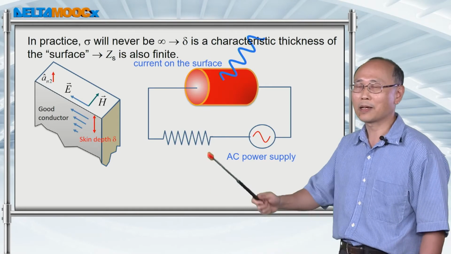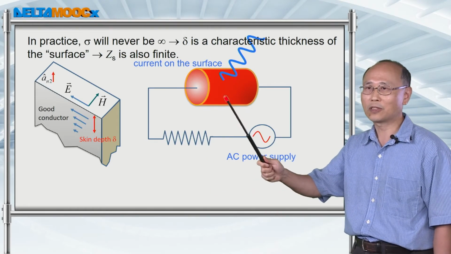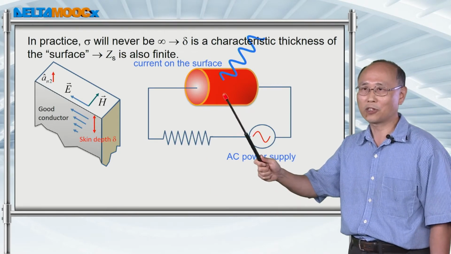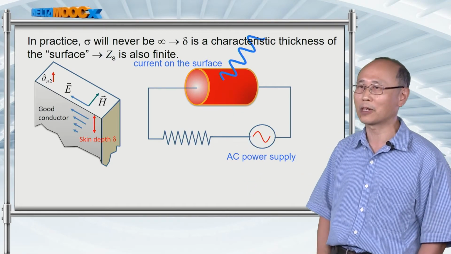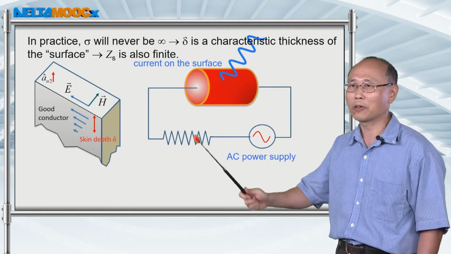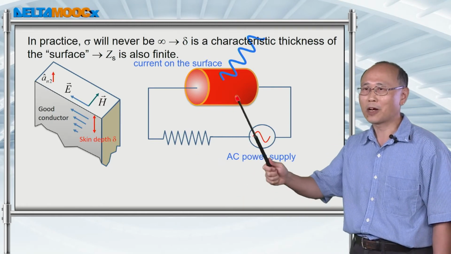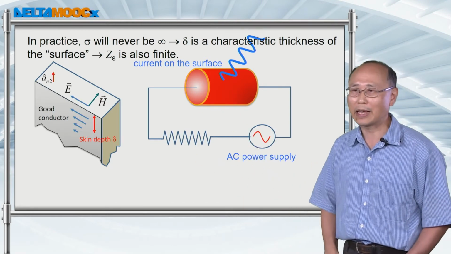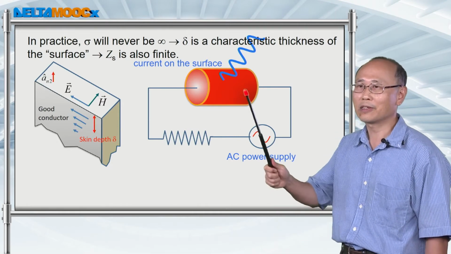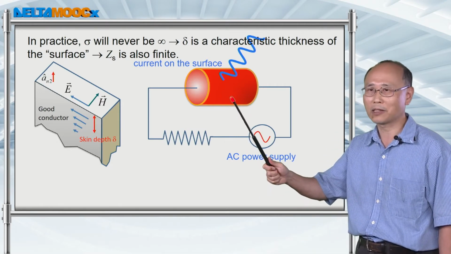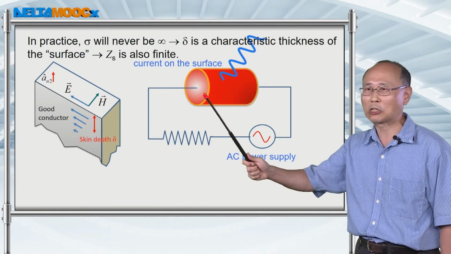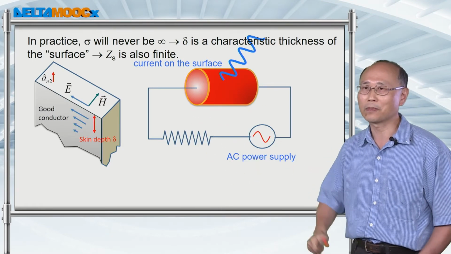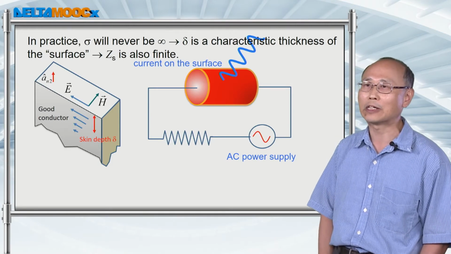So this means that on the surface of this piece of conductor, you have surface current, but you don't quite have the current inside this piece of conductor. So I want to tell you that when you drive a piece of conductor with an AC power supply, the current tends to be outside the surface, but not inside, because the current inside this volume is not going to generate any radiation.